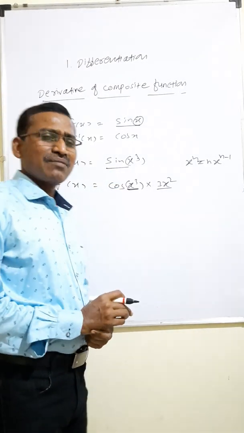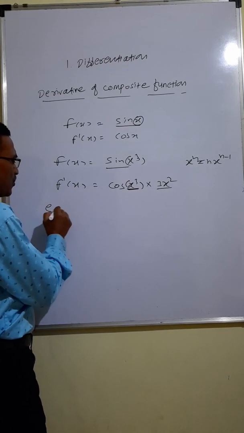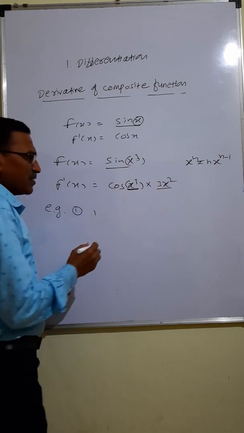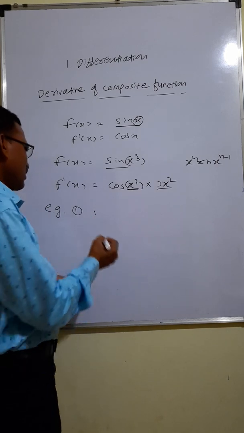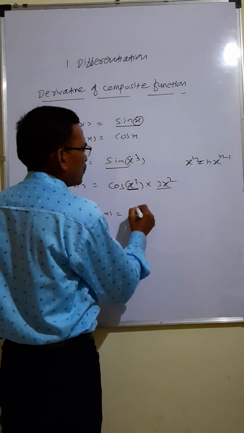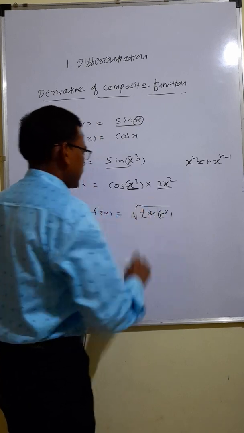So we take some examples again here, examples of the composite functions. So first, the function f of x equal to root of tan of e raised to x.